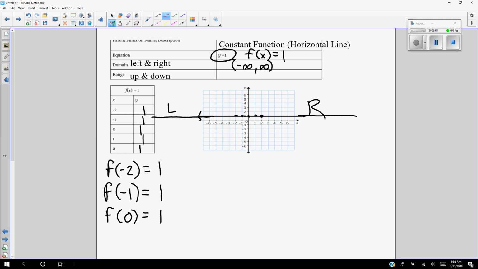The range, this graph is not going up or down at all. Remember, the range is the y values. So one y value is covered here, and the only y value that's covered is y equals 1. And the way we write that in interval notation, we actually use square brackets since it can actually equal this number.